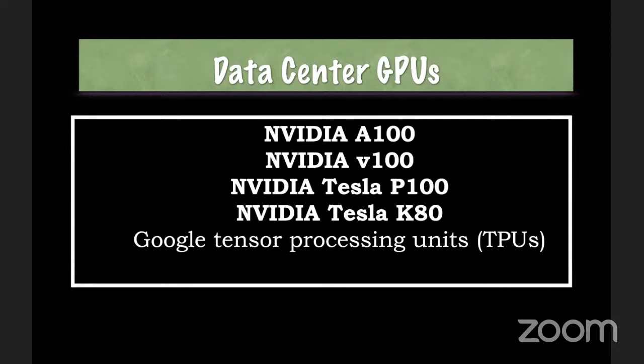These are the data center GPUs we use when developing deep learning projects. Remember guys, I'm talking about deep learning projects, not simple machine learning projects like simple linear regression, but building CNN models, RNN models, ANN models. If you're doing such things with larger data sets, we need these GPUs.